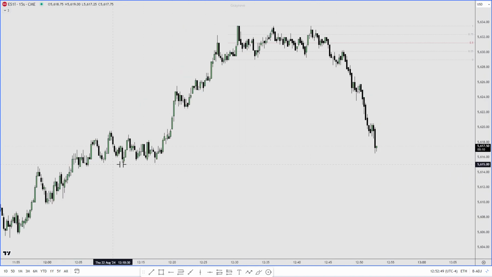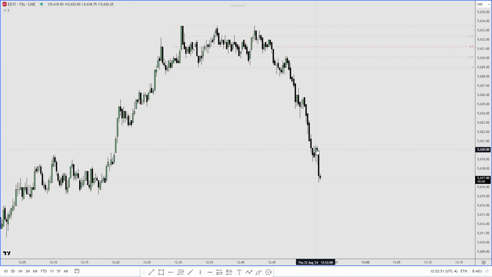This equal lows. We have an order block that is traded up into a fair value gap. If a fair value gap forms, never mind.